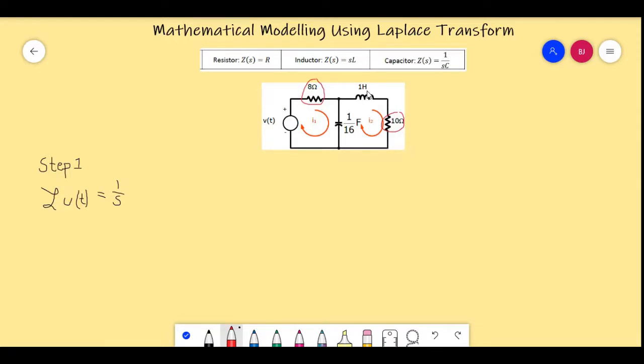Now, the 1 Henry, as shown here, if we transform it into its Laplace equivalent, we just have to get its impedance measurement, then multiply it by S. So this one would become S multiplied by 1, or simply S.